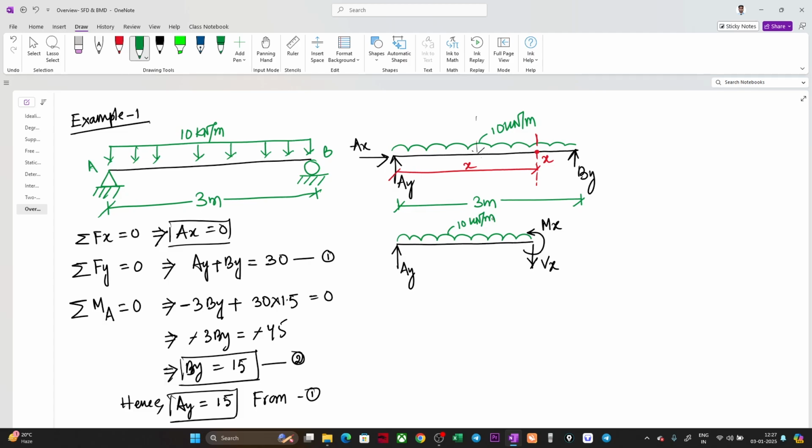Okay, fine. So if you want to find out the Vx, how will we find it? Very easily, we know summation of Fy equal to 0, which implies Ay, then we have Vx. It is downwards, so it will be minus Vx.